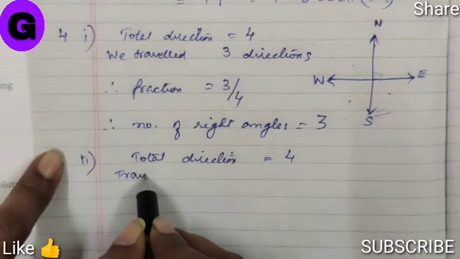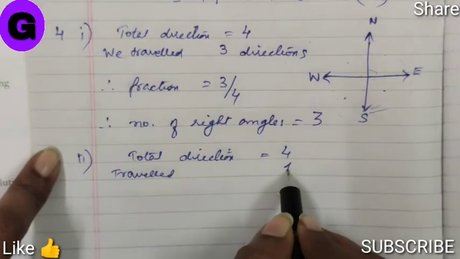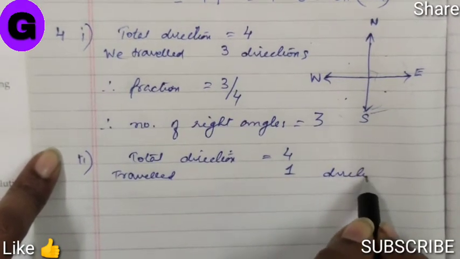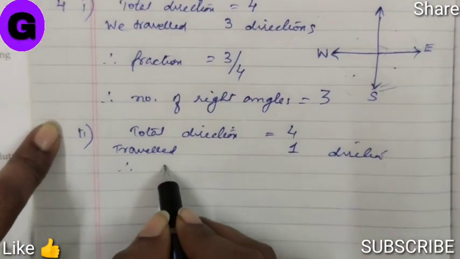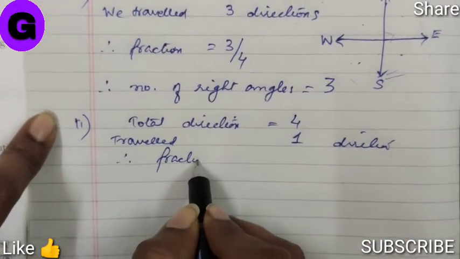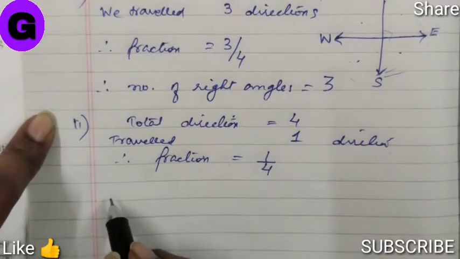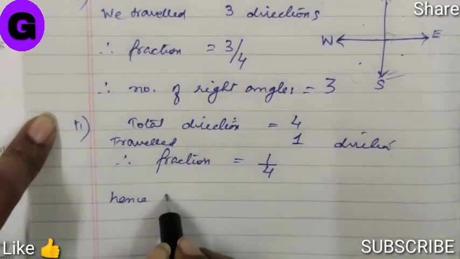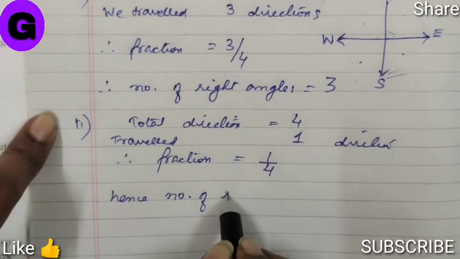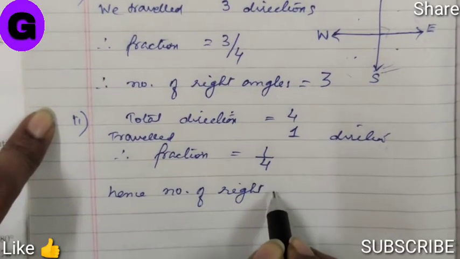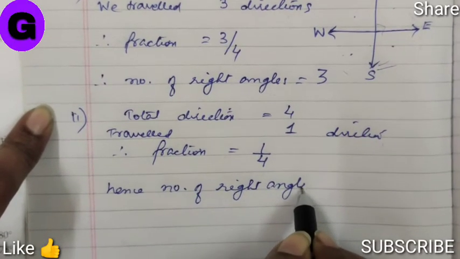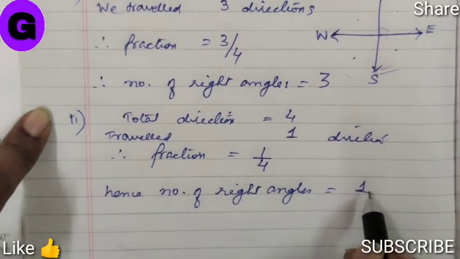Travelled one direction. Therefore, fraction is equal to 1 by 4. Hence, number of right angles is equal to 1.